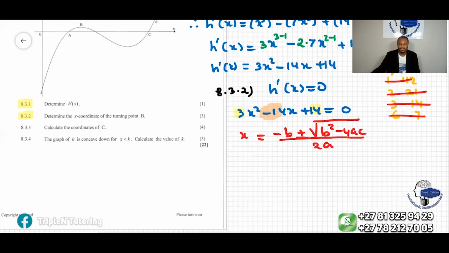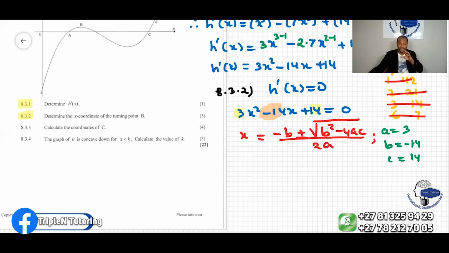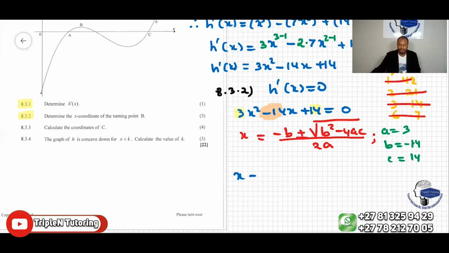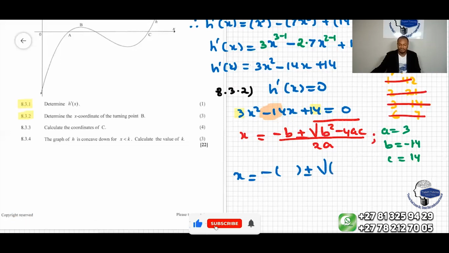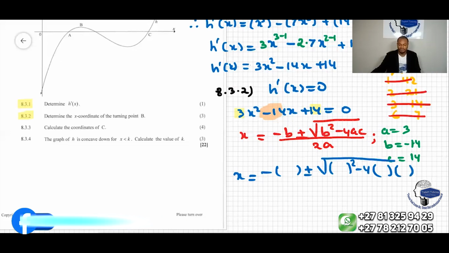Now, we can notice that the value of a is just the coefficient of x squared, so a is 3, b is negative 14, and c is 14. So we sub these values in the quadratic formula.